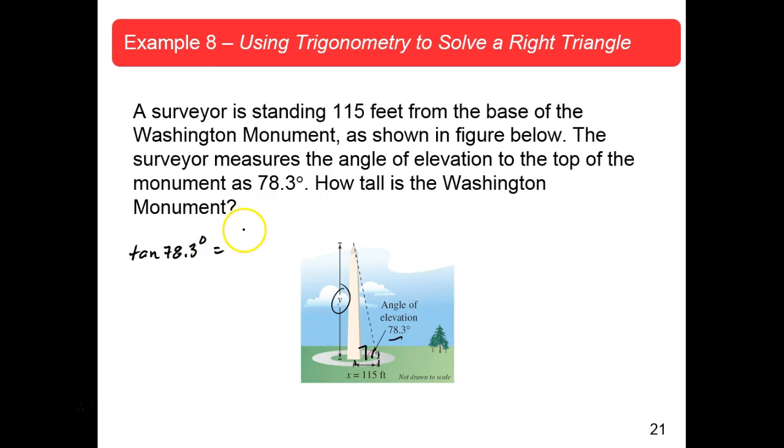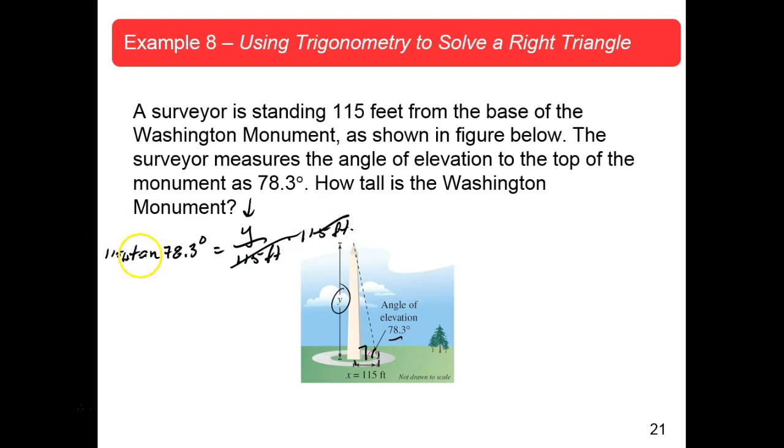That's equal to y over 115 feet. Now, we want to solve for y, the height. That's what we're looking for. So we multiply both sides of the equation by 115 feet. That wipes it out there, and we get 115 feet here.